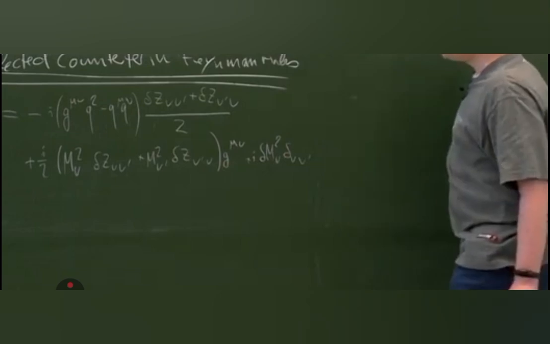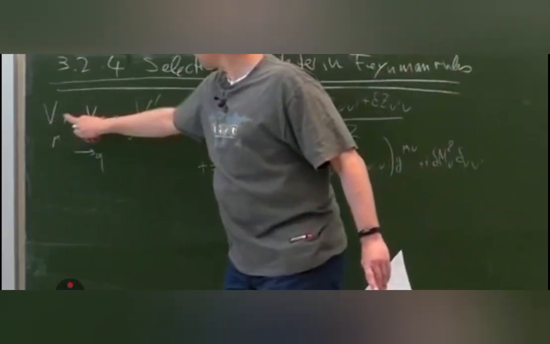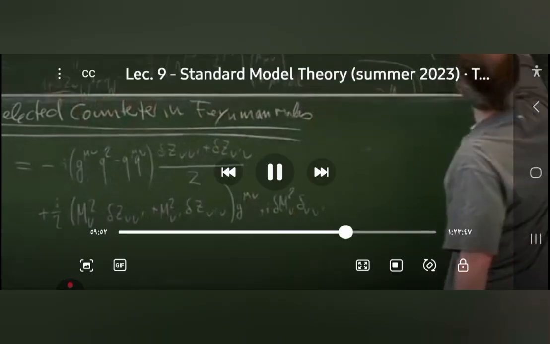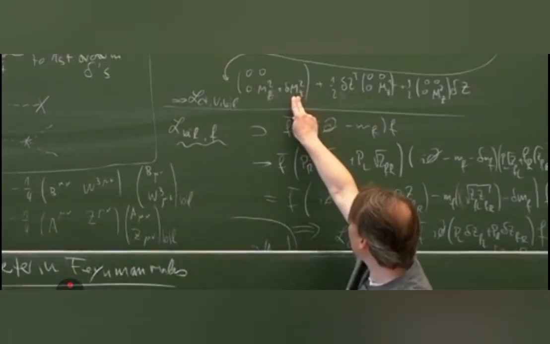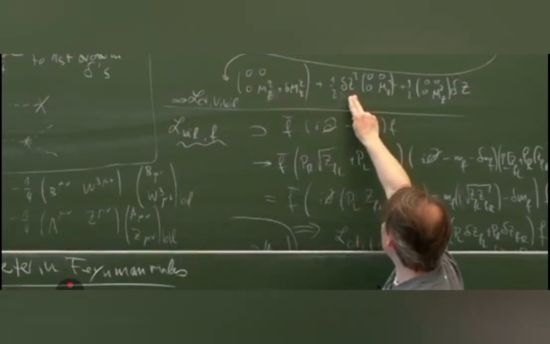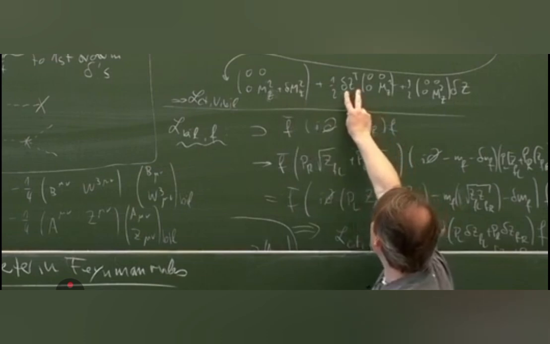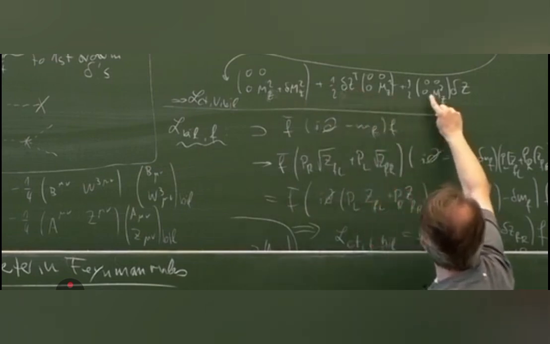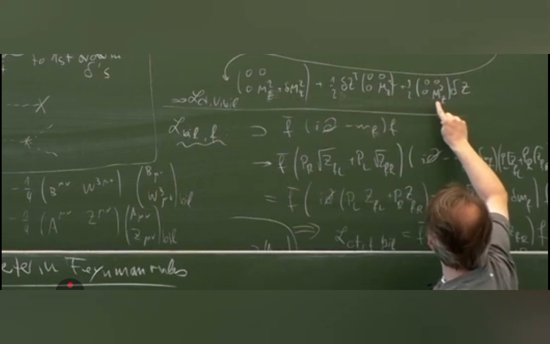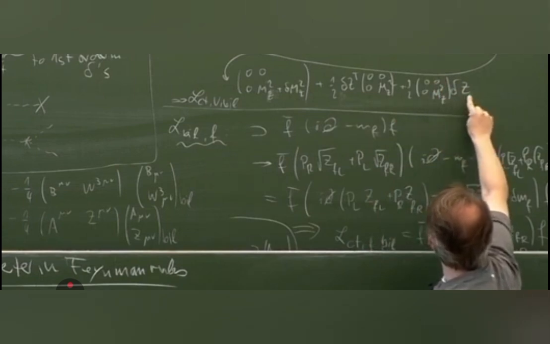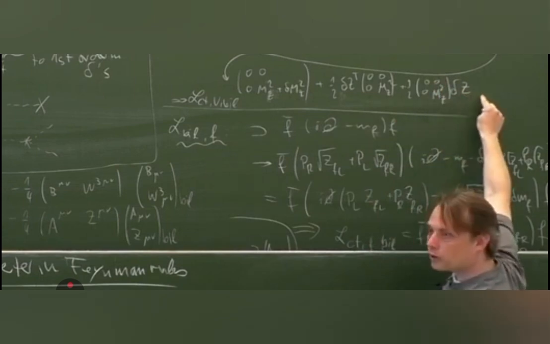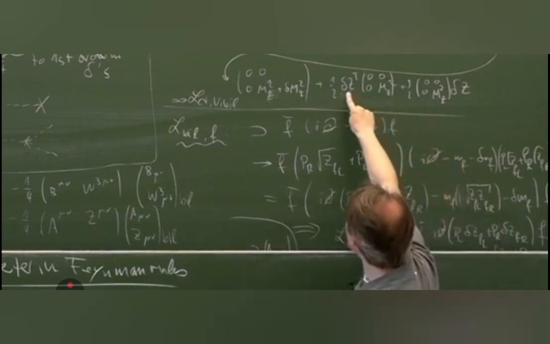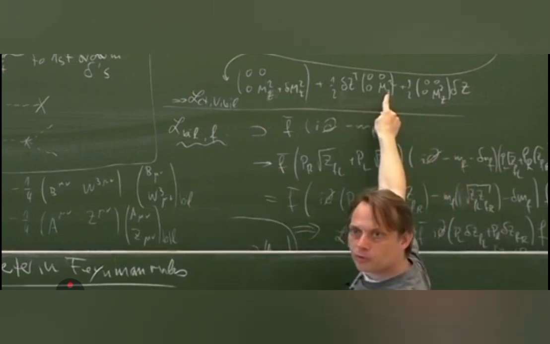But the mixing photon Z, that receives something, and it comes not from the explicit delta M_Z, but it comes from the product here of the matrices. And from this product, let's start with this. So from this product you get in the off-diagonal entry something M_Z squared times delta Z_ZA, which is not 0 in the off-diagonal, and here you get delta Z_AZ times M_Z squared.